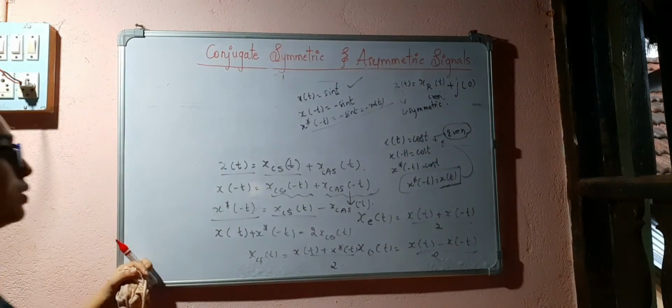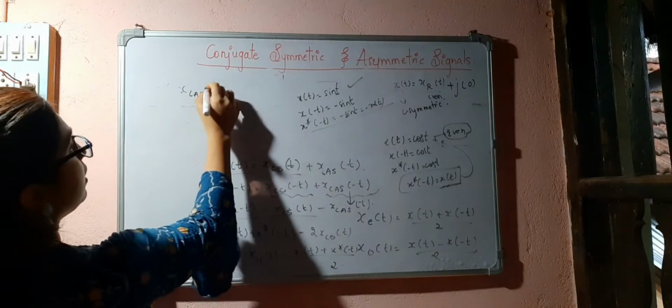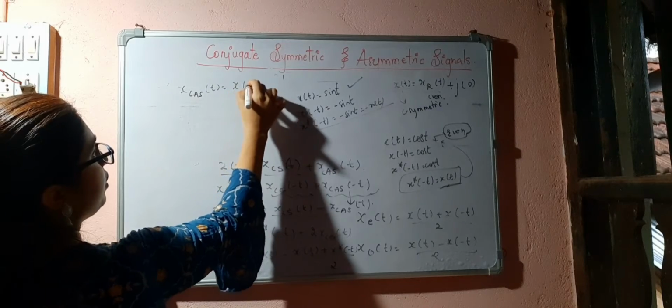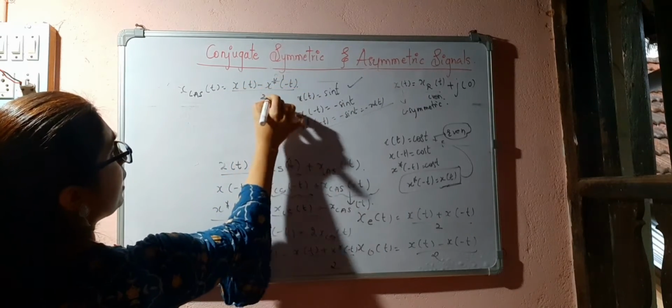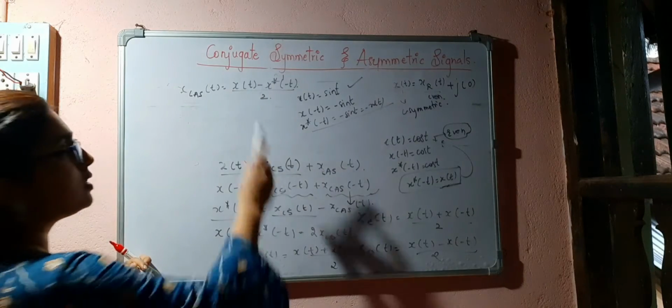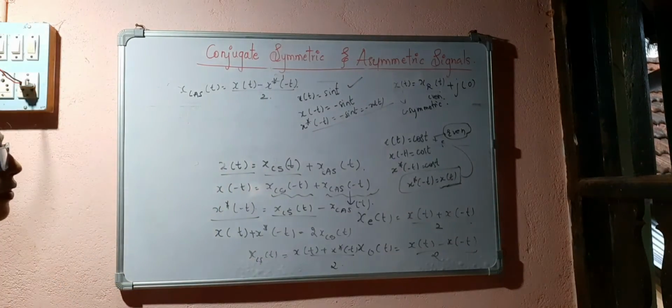Similarly, the conjugate asymmetric part is equal to x of t minus x conjugate of minus t divided by 2. Okay, so this is the conjugate asymmetric part and this is the conjugate symmetric part.